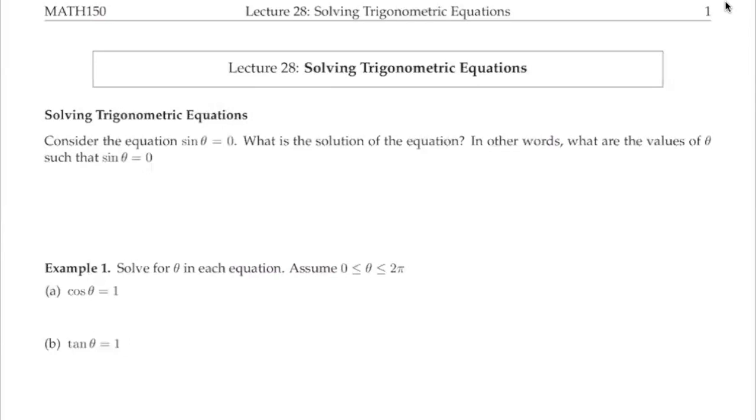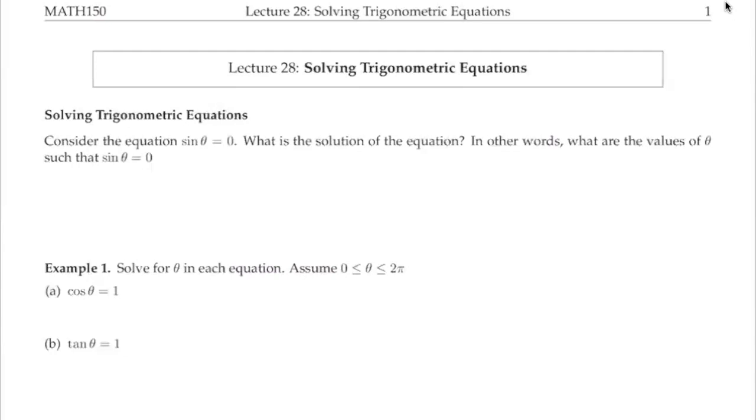So that's lecture 27, where you have to restrict the domain of sine, cosine, and tangent. However, in this lecture, when we solve trigonometric equations, we do not restrict the domain of sine of theta, cosine of theta, or tangent of theta at all.